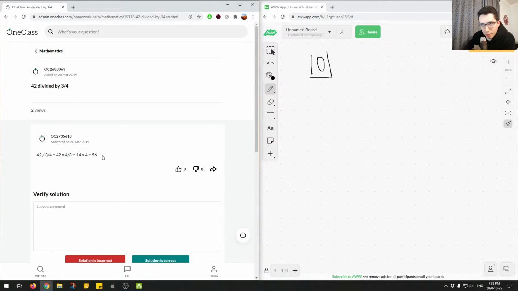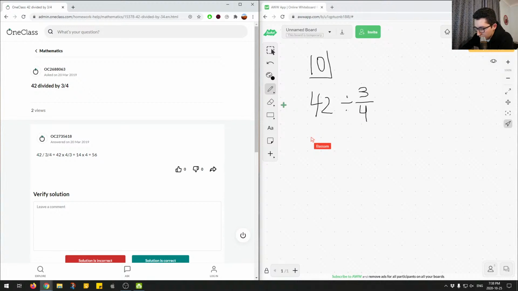So just to write it out a little more clearly, 42 divided by 3 quarters. When you think about this, it's pretty hard to divide 3 quarters into 42. So the trick here is whenever you're dividing by a fraction, you just flip the fraction and multiply.